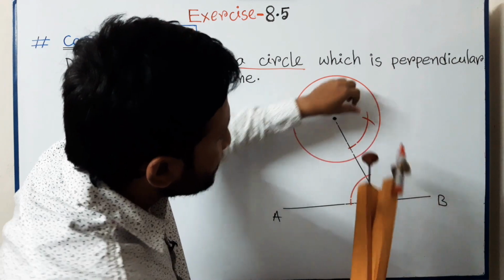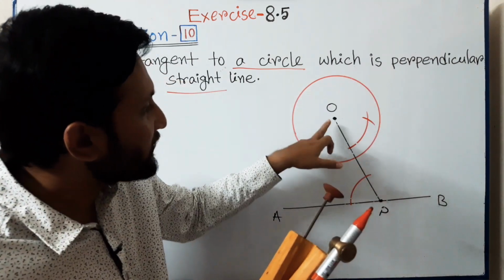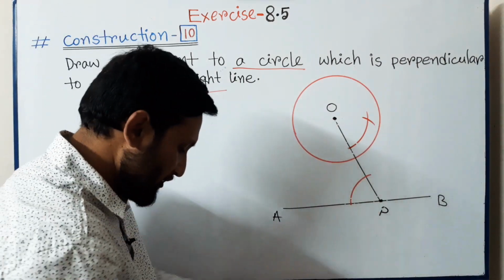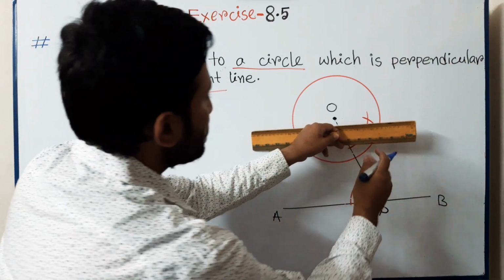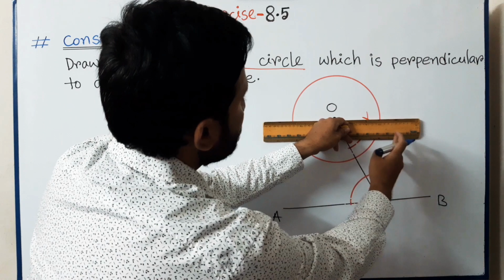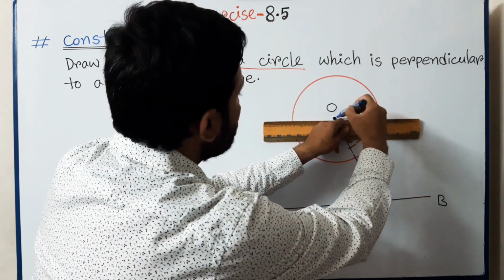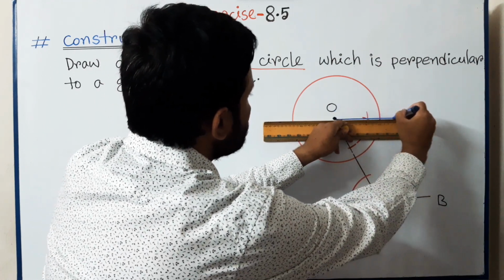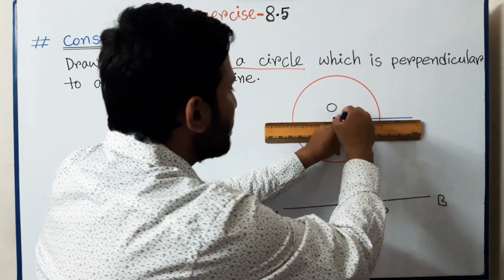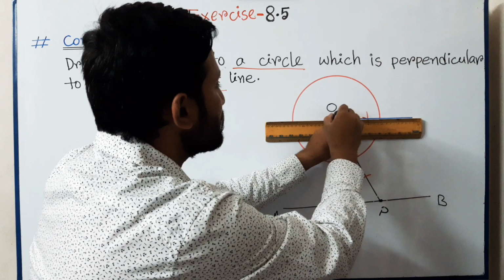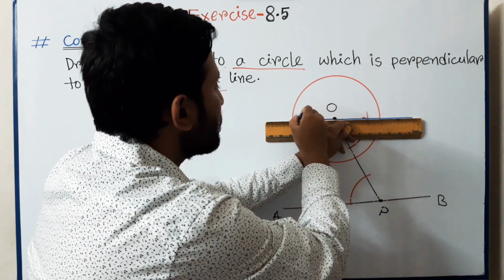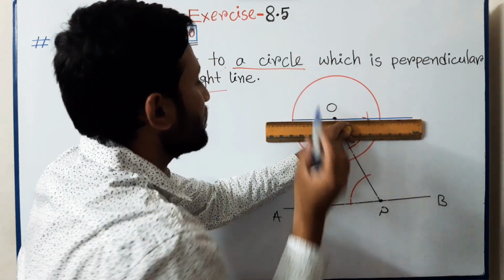Now join this intersecting point and center O by scale and extend it like that, up to the circle.